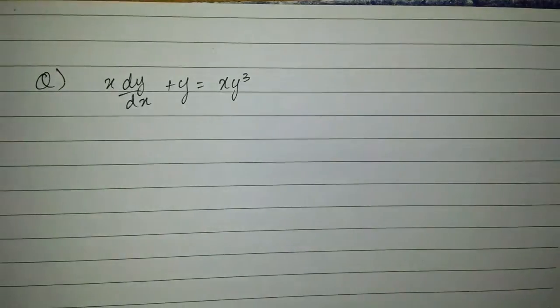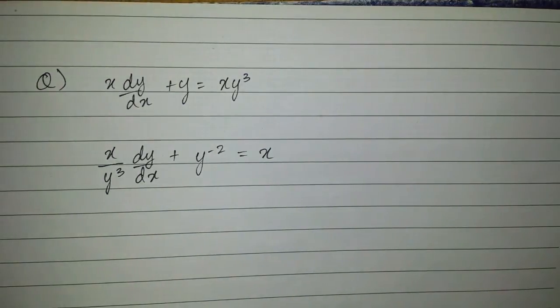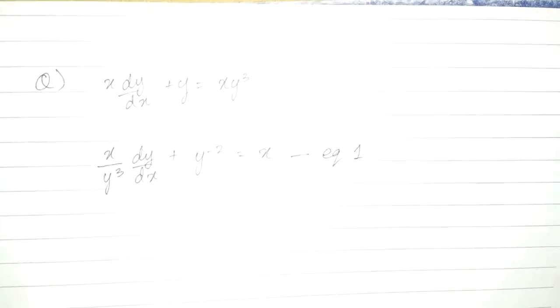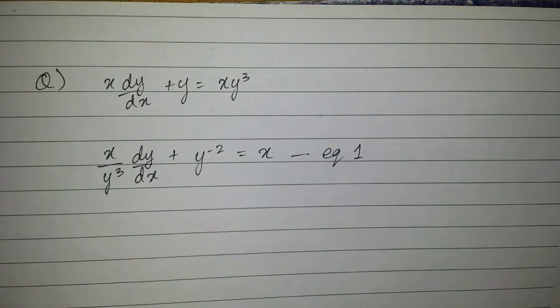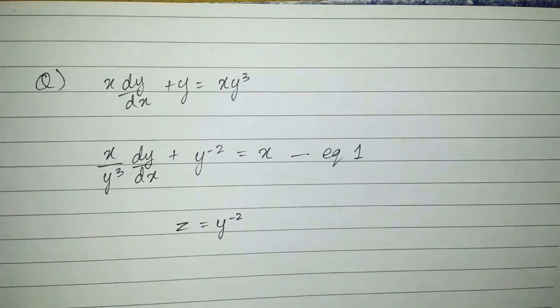Okay, let's do a question. So first we will remove the y^3 by dividing the whole equation by y^3. It will become like this. Let's call it equation 1. Now we will substitute a value for y^(-2). Let's suppose z is equal to y^(-2).